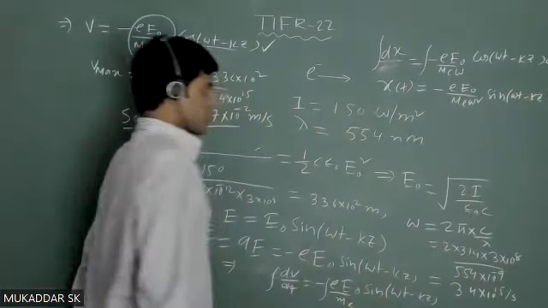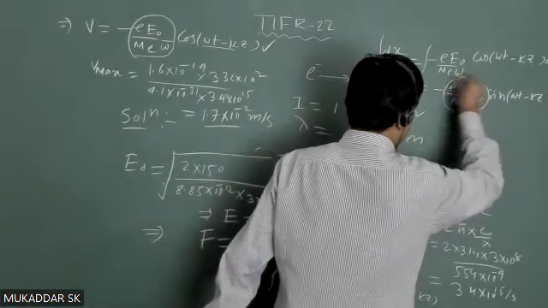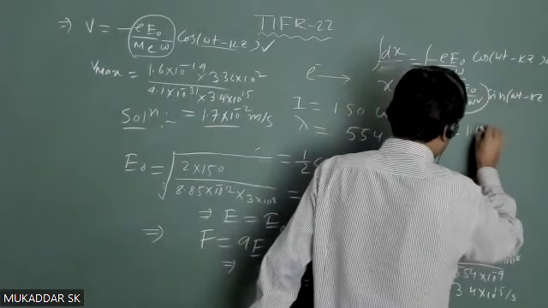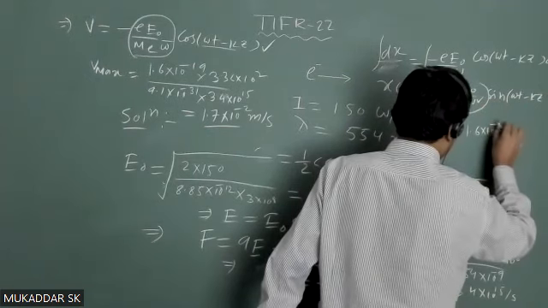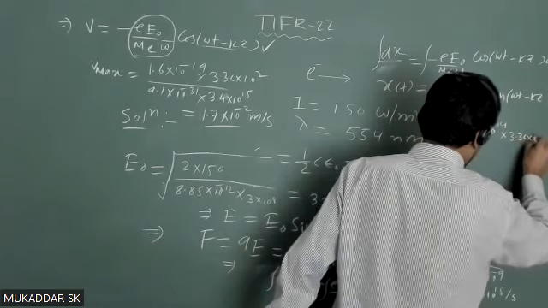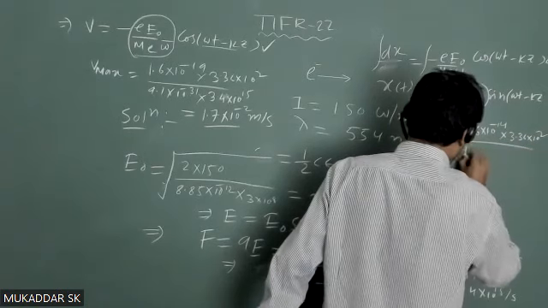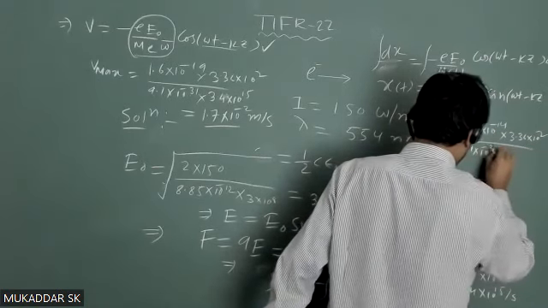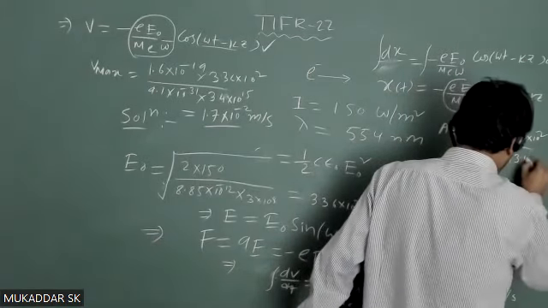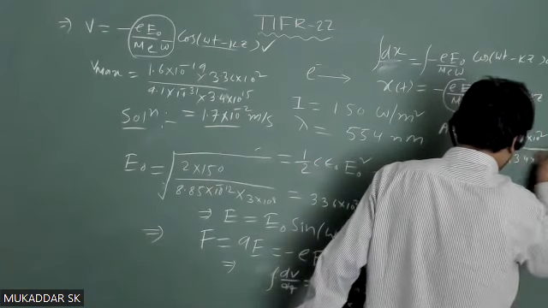So what will be the amplitude? This is actually the amplitude of oscillation. The amplitude will be e, which is 1.6 into 10 to the power minus 19, then E naught that we have calculated, 3.36 into 10 to the power 2, mass of the electron 9.1 into 10 to the power minus 31, and omega we have calculated, 3.4 into 10 to the power 15, squared.